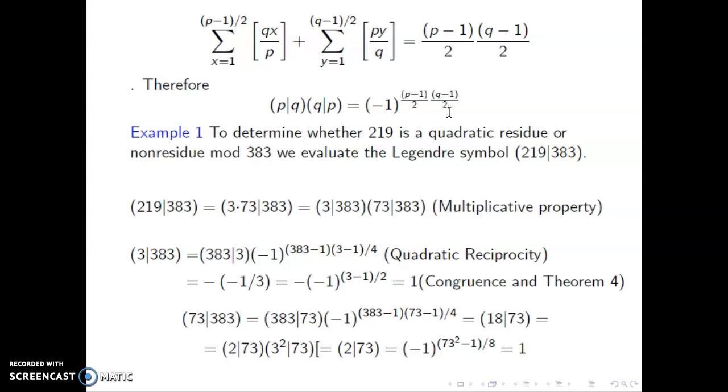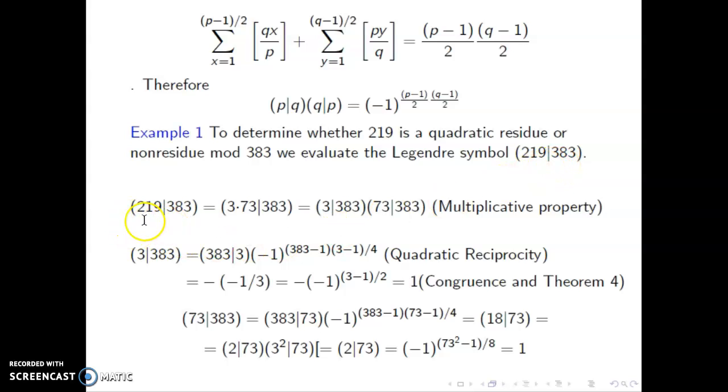Now let me show you how we make use of this theorem. To determine whether 219 is a quadratic residue or non-residue mod 383, we evaluate the Legendre symbol 219 over 383.